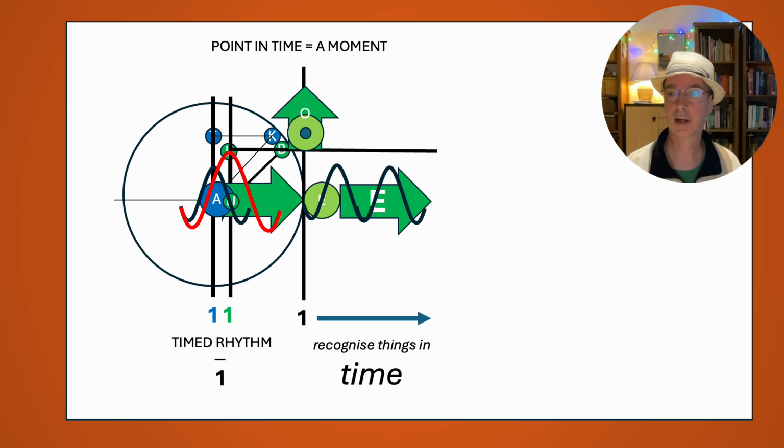When it's the time, it's about timing and it's about the vertical direction. Of course, if it's a vertical point in time, it's just a moment. So it's about the moment in time that we are focusing upon.